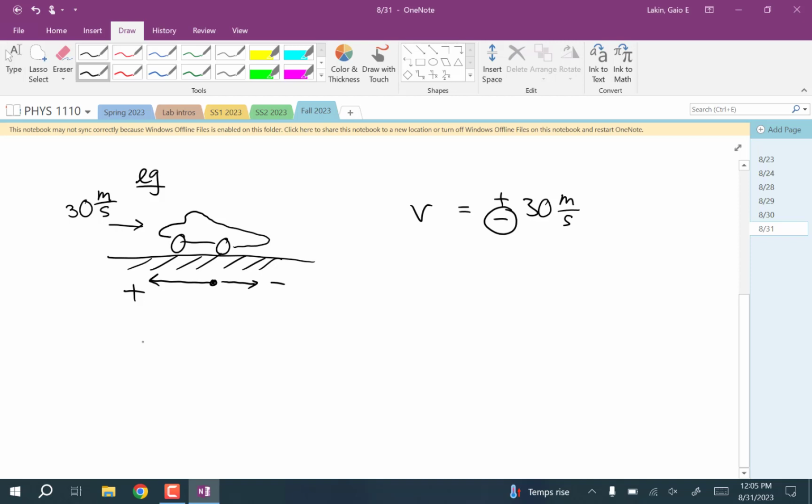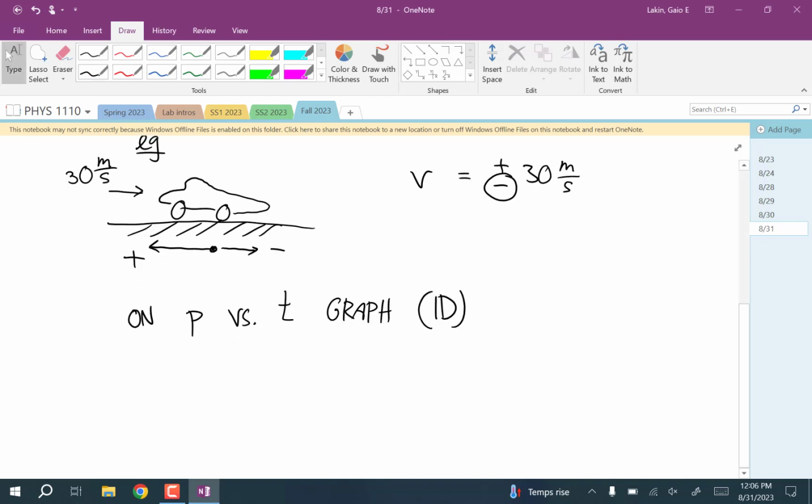On a position versus time graph, and remember this is one-dimensional motion. We're only going to use position versus time graphs for one-dimensional motion. So when we get to 2D, you won't see these anymore.